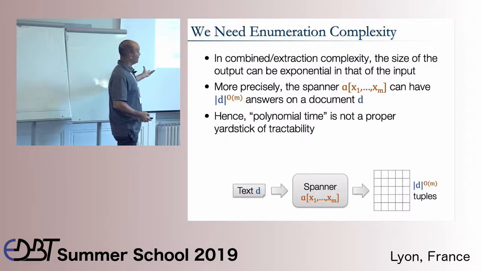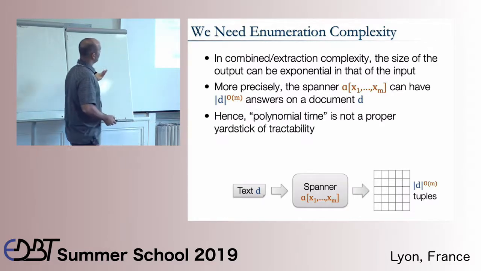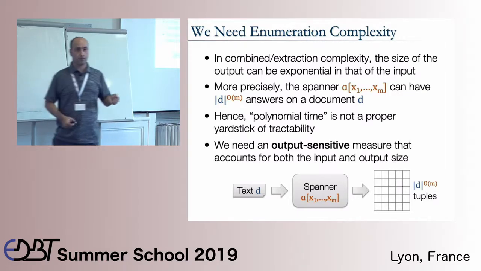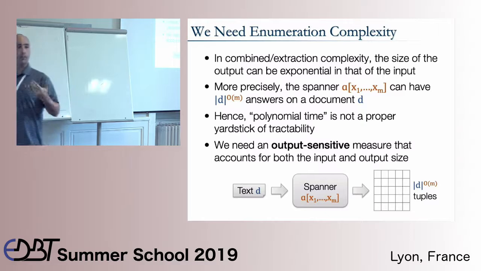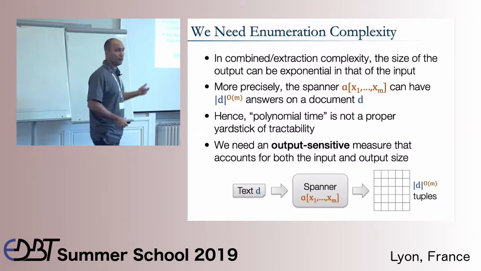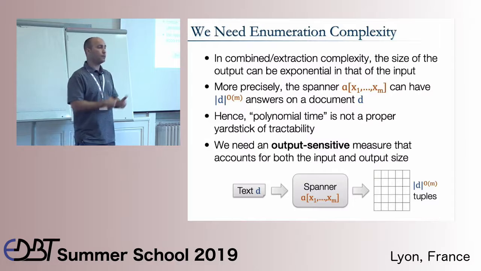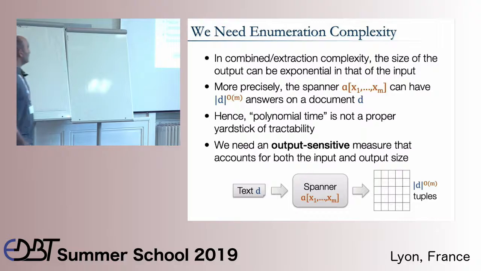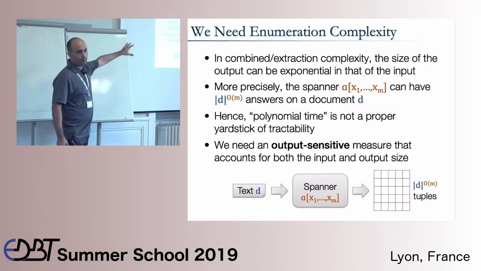For these kinds of cases, we are adopting the so-called output-sensitive complexity measures that allow you to measure the complexity of an algorithm, or a query evaluation algorithm, in terms of the size of both the input and the output. So this is not about spanners.